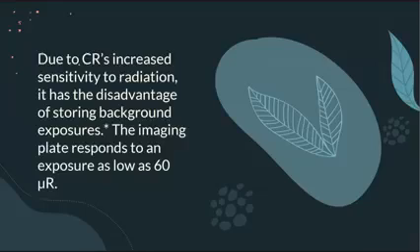So we all know that there is background radiation around us. And because of the PSP plate's increased sensitivity to background exposures, they can easily detect, no, background exposures, po. So CR plates are approximately 10 times more sensitive than the older film screen cassettes to accumulated background radiation during long periods of storage and to scatter radiation during exposure.